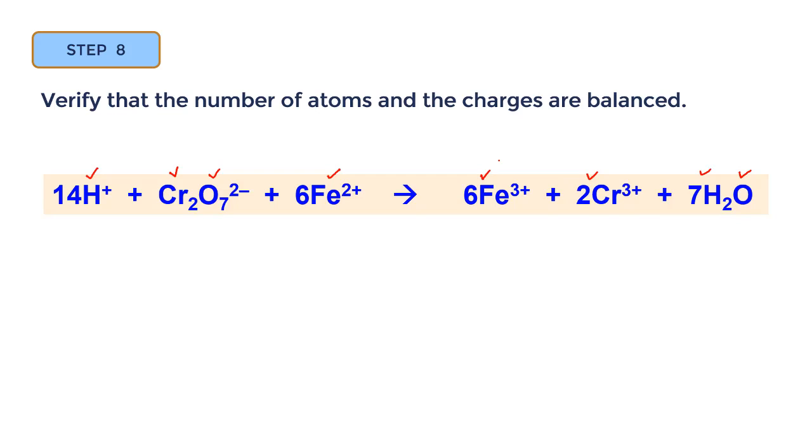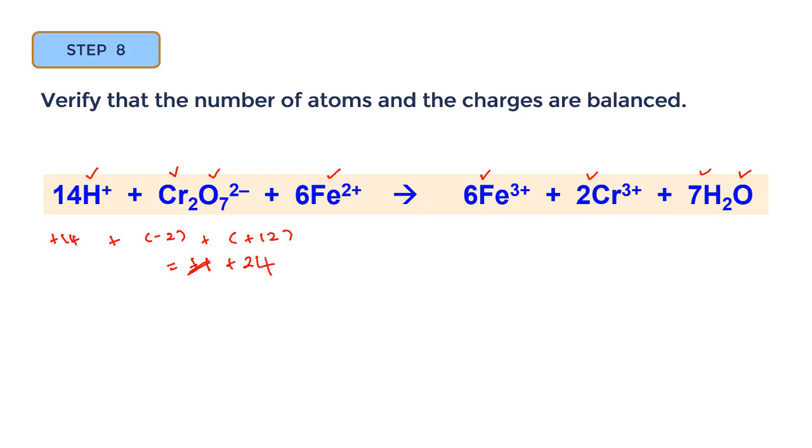So now check the charges. The charges must be equal for both sides. So this one for positive 14 plus 1 times negative 2 is negative 2, plus 6 times positive 2 is equal to positive 12. So 14 minus 2 is equal to positive 12. Positive 12 plus positive 12 equals positive 24.